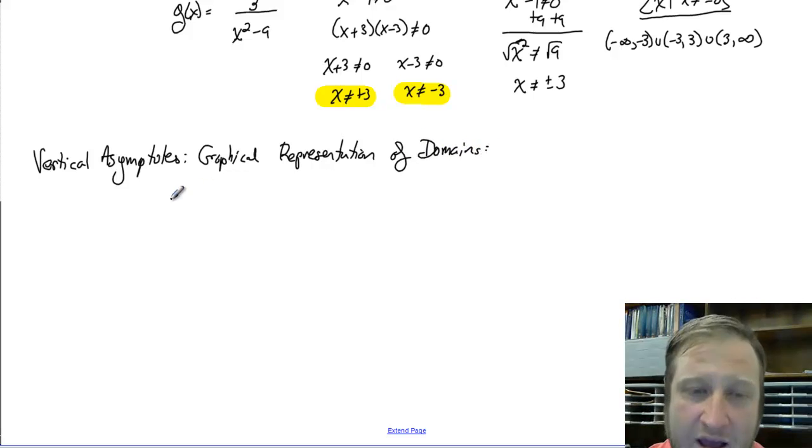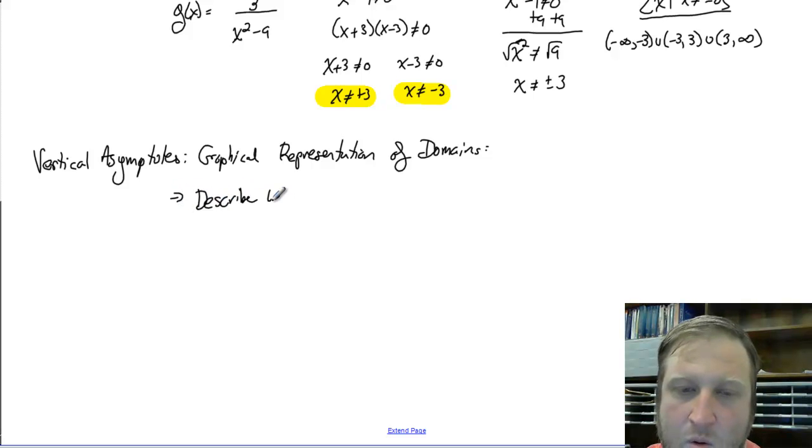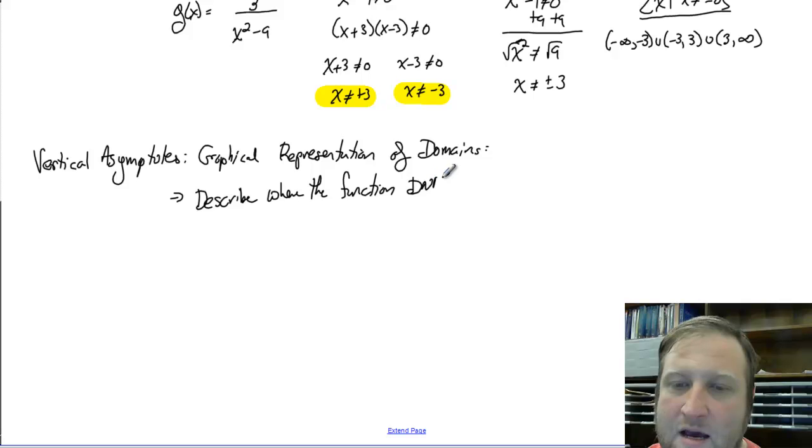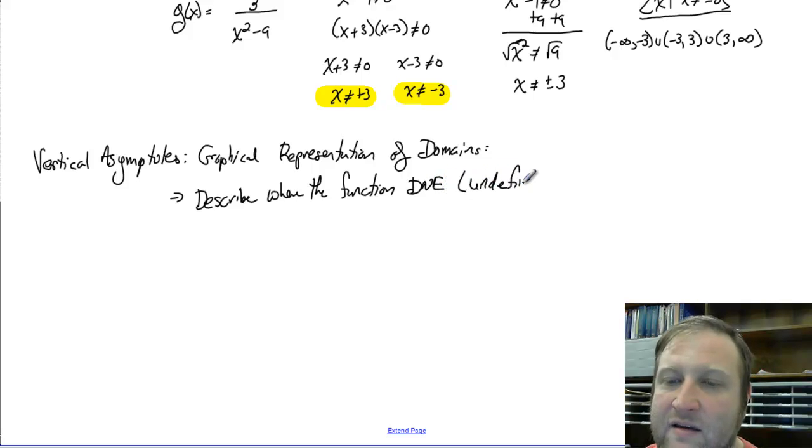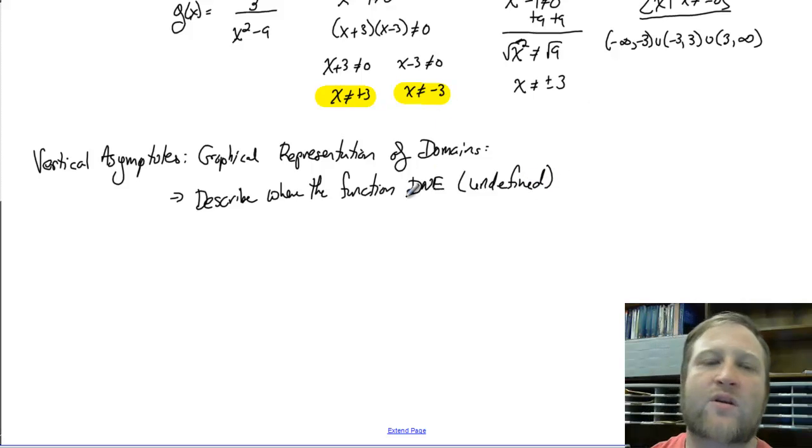These describe where the function does not exist or where it is undefined. So we describe where the function does not exist or where it is undefined.